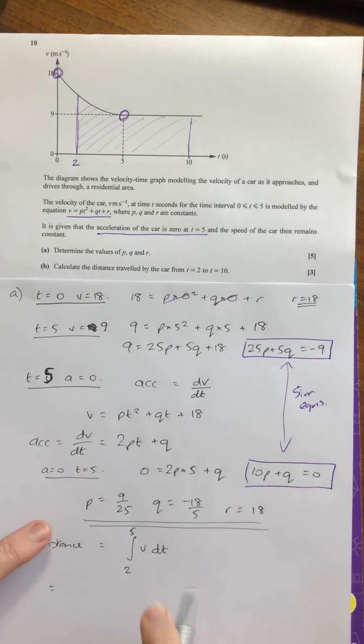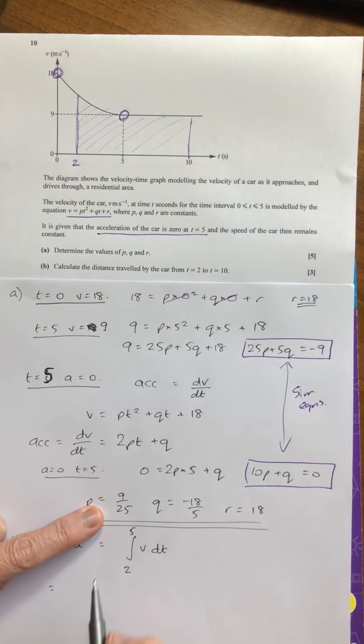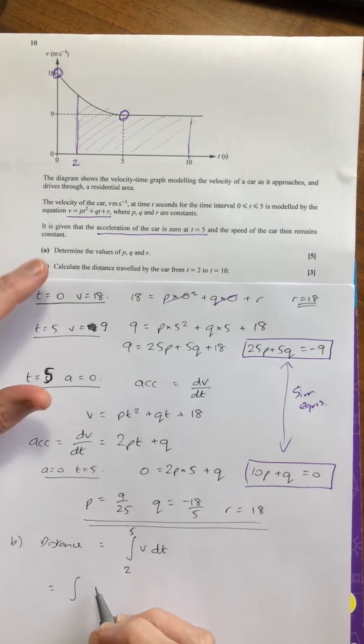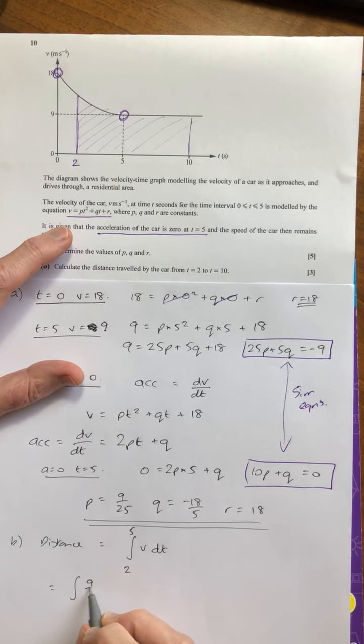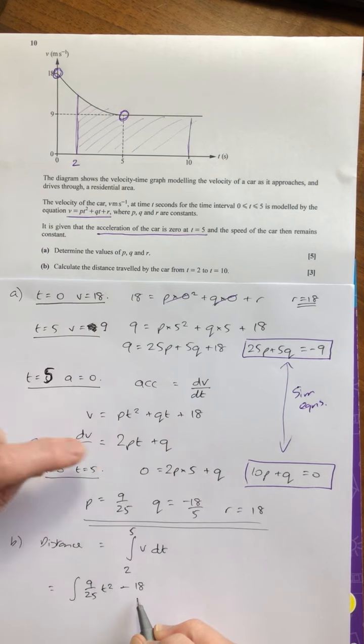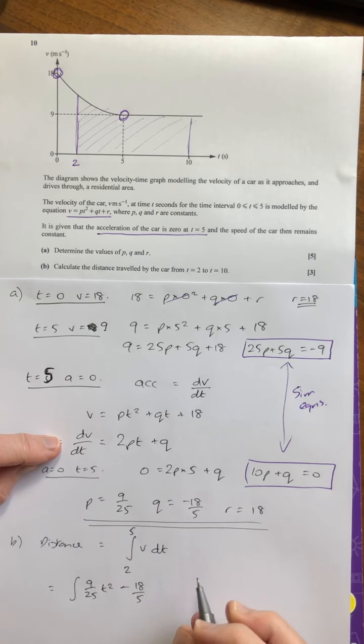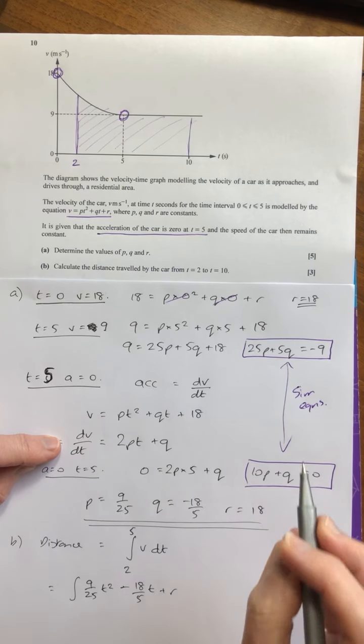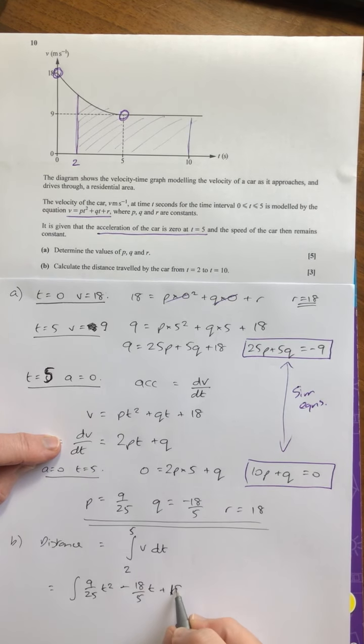So the velocity expression, of course, I know P, Q and R, so I can now write down what that is. It's going to be P, which is 9/25 multiplied by t squared, plus Q, so it'll be, because Q is negative, minus 18 over 5 times by t plus R. And I know that R, apologies, is equal to 18.